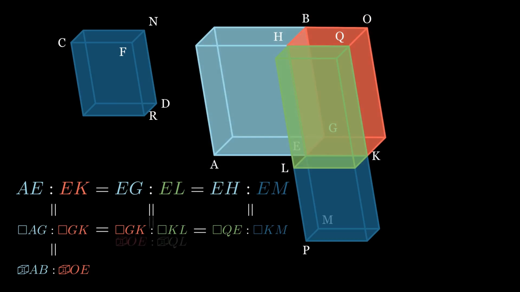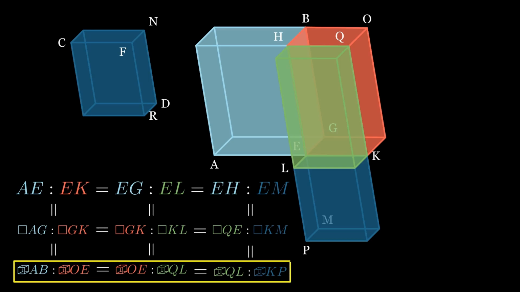Similarly, parallelogram GK to parallelogram KL is proportional to parallelepiped OE to parallelepiped QL, and parallelogram QE to parallelogram KM is proportional to parallelepiped KL to parallelepiped KP. Putting all those together shows that parallelepiped AB to parallelepiped OE is proportional to parallelepiped OE to parallelepiped QL, which is proportional to parallelepiped QL to parallelepiped KP.